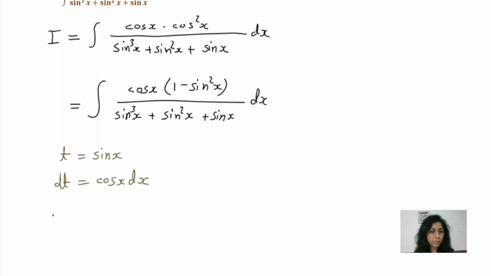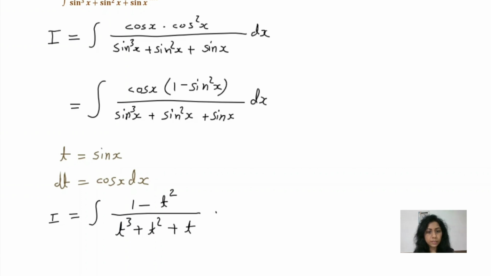So I will be integration cos x dx we can write as dt, and this 1 minus sine square x we can write as 1 minus t square, and the denominator is t cube plus t square plus t dt.